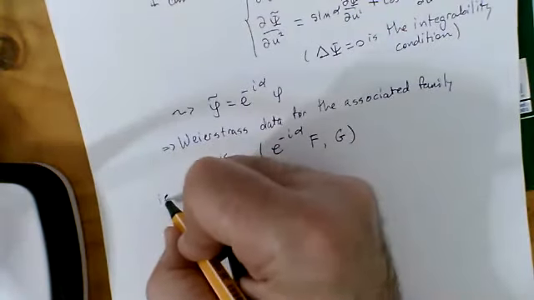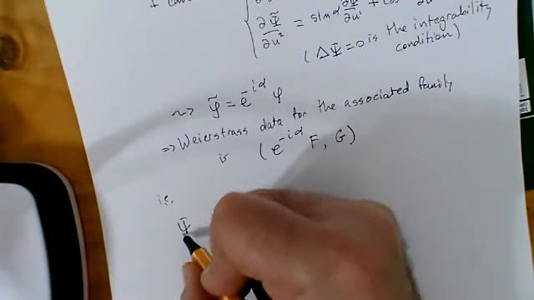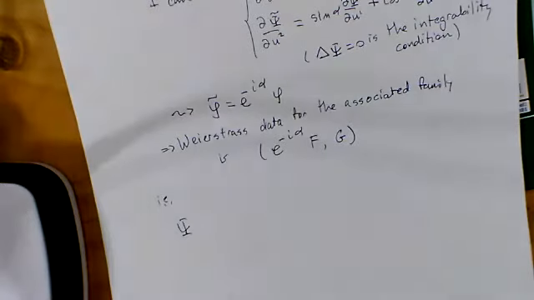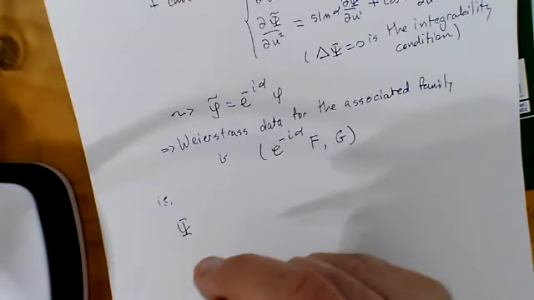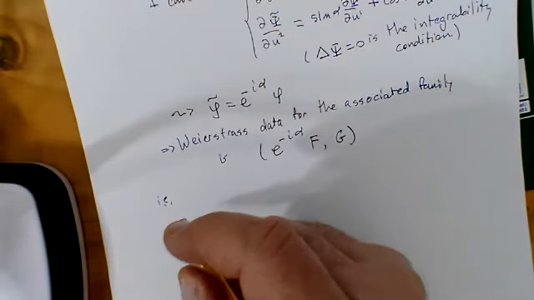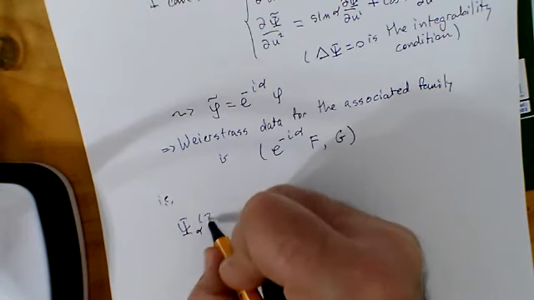So I can summarize this by saying that I have not just one minimal surface and its conjugate. I have actually a whole family of minimal surfaces parameterized by an angle alpha.